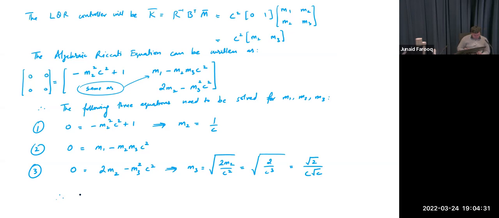Therefore, the optimal gain vector k bar is c squared m2 m3, and if you simplify it, what you will get is c and square root of 2c, if I am doing it correctly. So that's your gain vector.